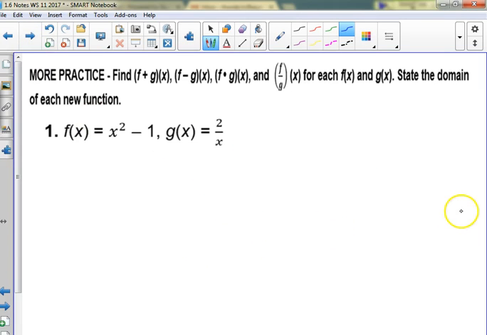All right. So this is very similar to the last one. Can you try add, subtract, multiply, and divide for these two? Ooh, divide's looking kind of ugly. Anybody want to do one? What would f plus g look like?